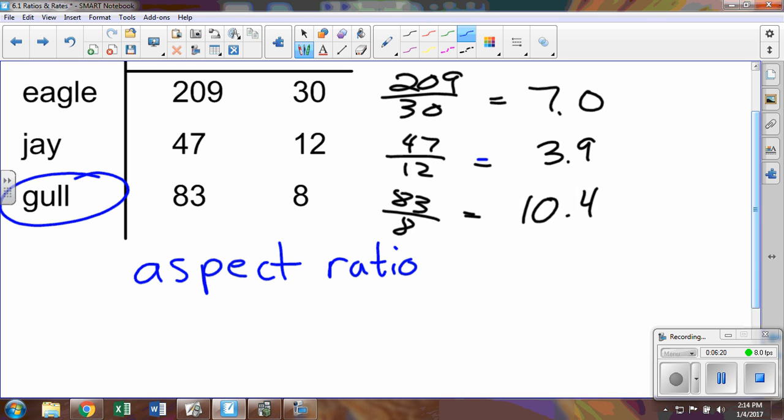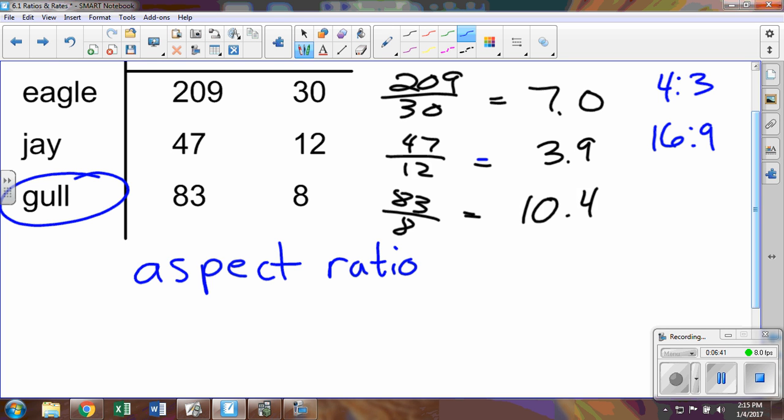And you're probably familiar with the idea of an aspect ratio because of TVs. In particular, have you ever been looking through the settings on your TV and saw 4:3? Or saw 16:9? Those are your aspect ratios.